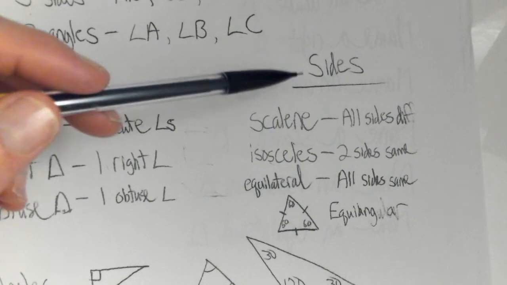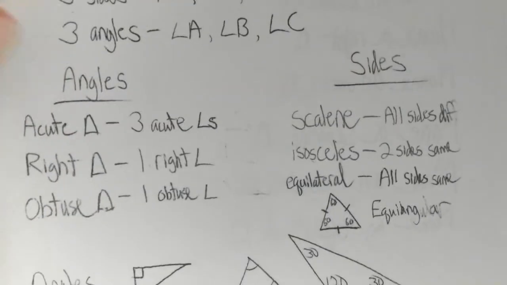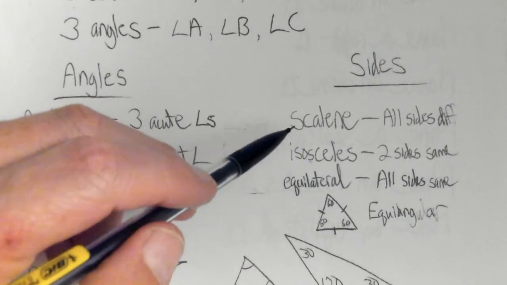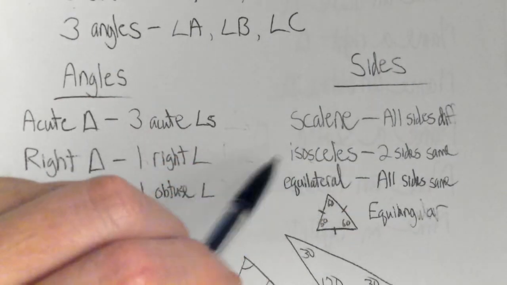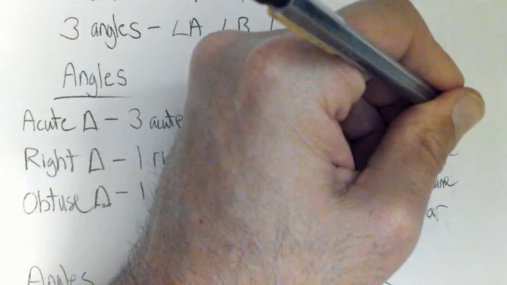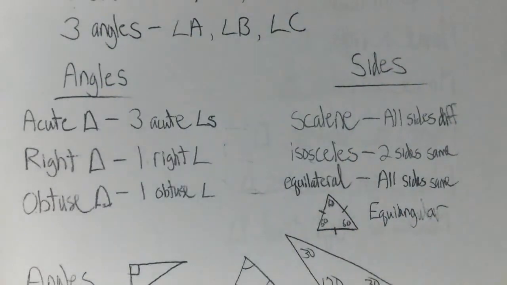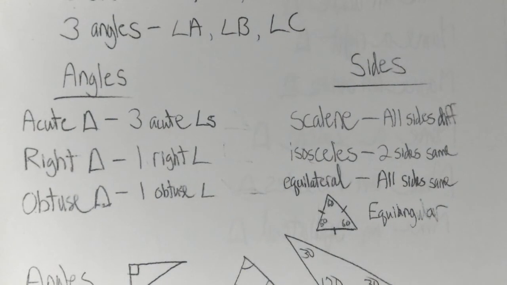We can also classify triangles by sides, which is the other column of this chart. First, we have a scalene triangle, where all sides are different. An isosceles triangle has 2 sides that are the same. And an equilateral triangle has all sides the same.